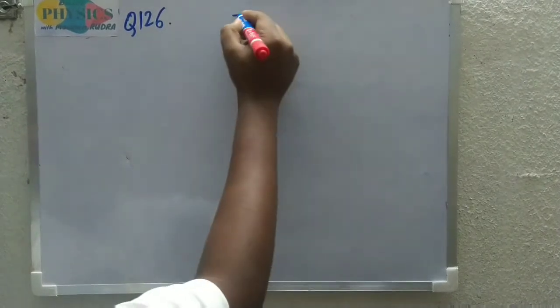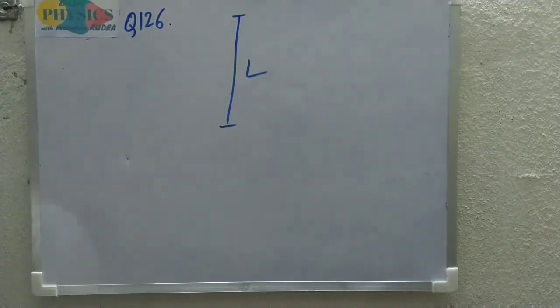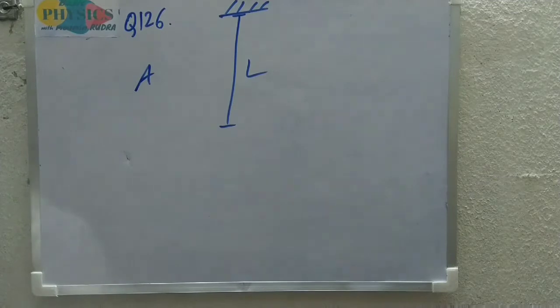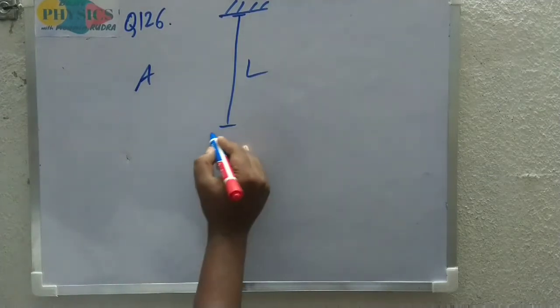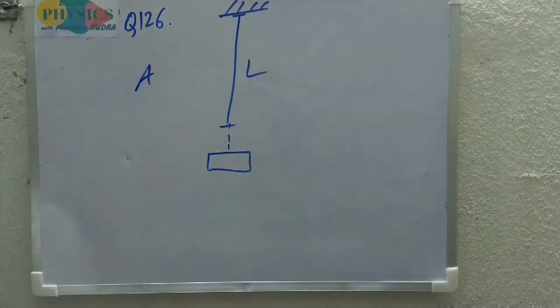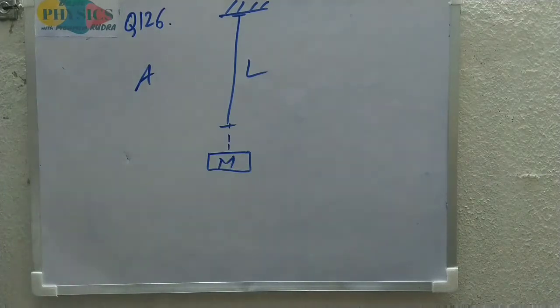Now, question number 126. A wire of length L, cross-sectional area A, hanging from a fixed support, means this support. The length of the wire changes to L1, it becomes L1, when a weight or mass M is suspended. Okay.